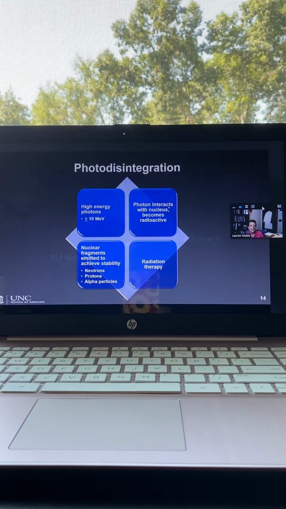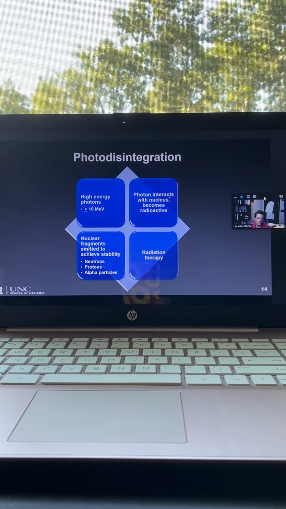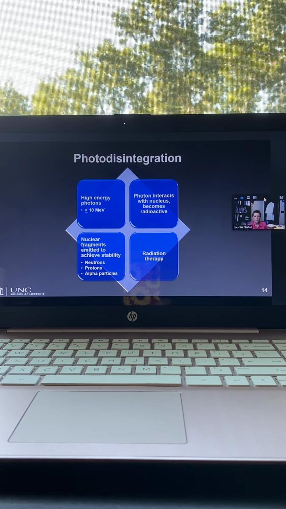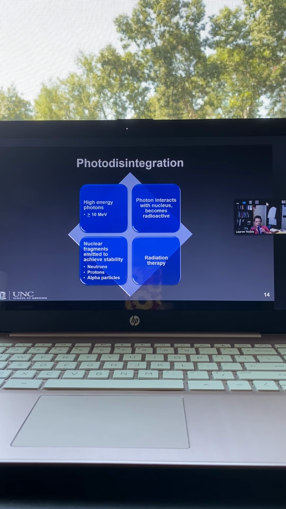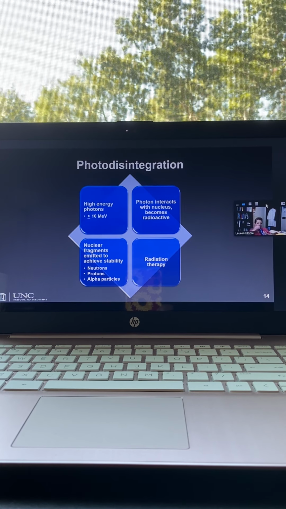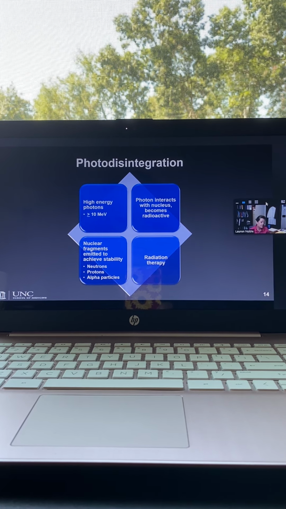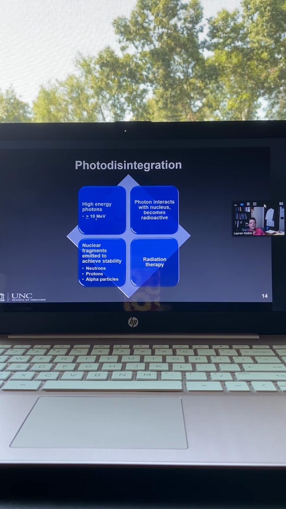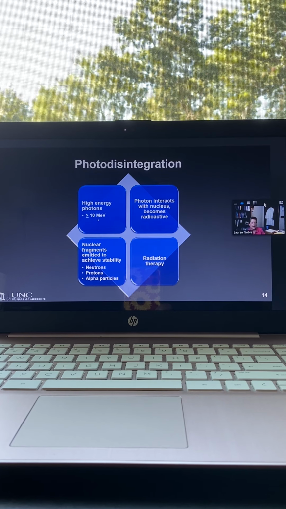Okay. And then the last one is photodisintegration. And you went over just some basics with this as well. With this, you do need to know that this occurs with very high energy photons. So we're talking about 10 mega electron volts.